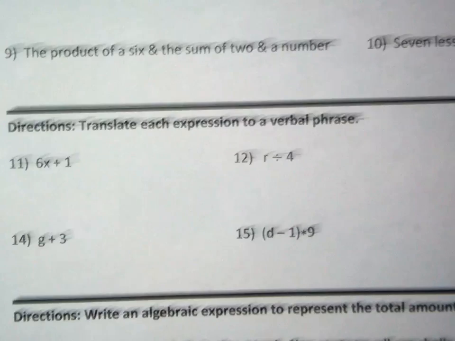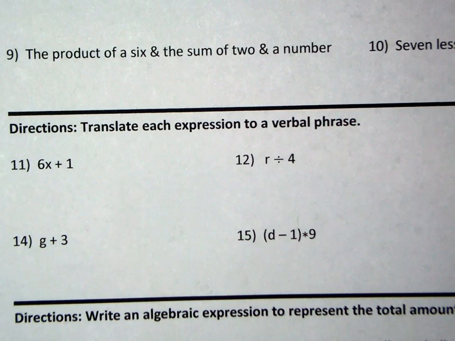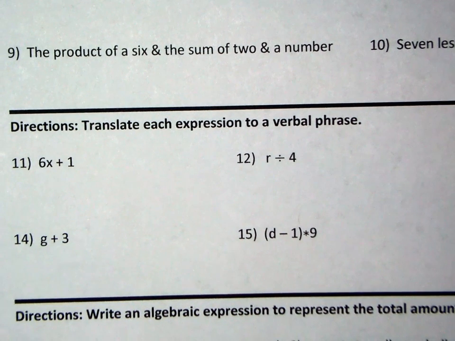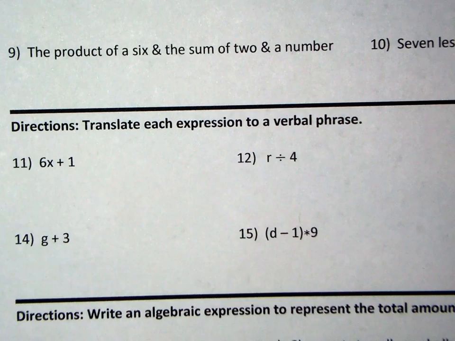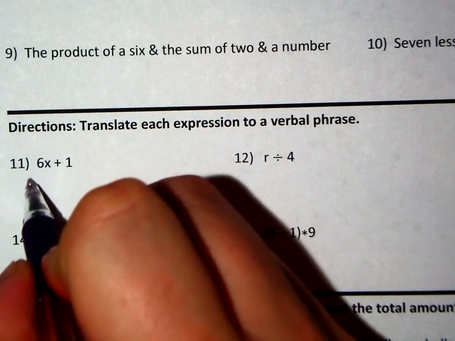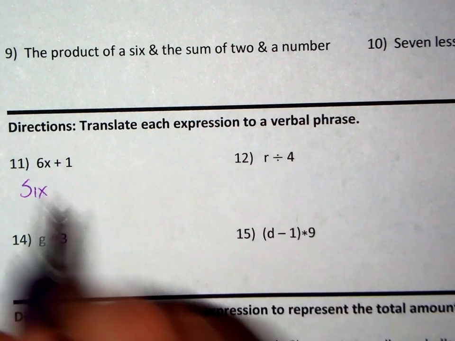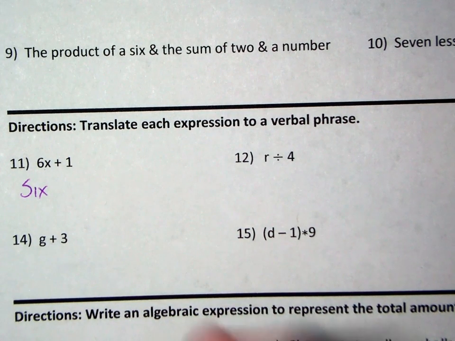Translate the expression into a verbal phrase. So looking at 6x plus 1, I would ask myself, what do I need as far as words are concerned to express this? Obviously, 6, the x next to 6 means that I'm multiplying 6 times some number.